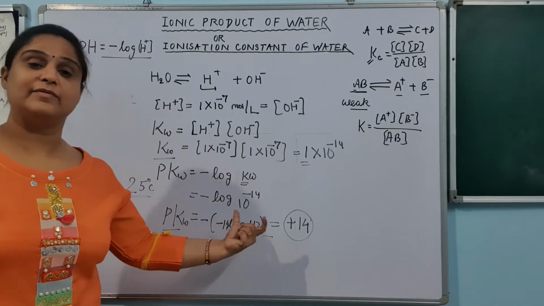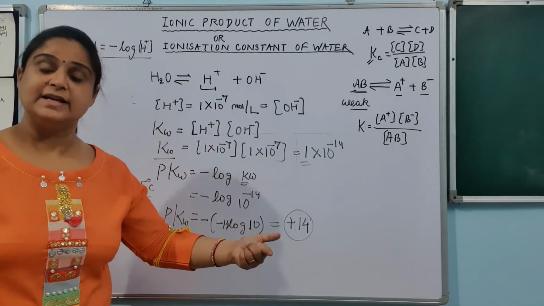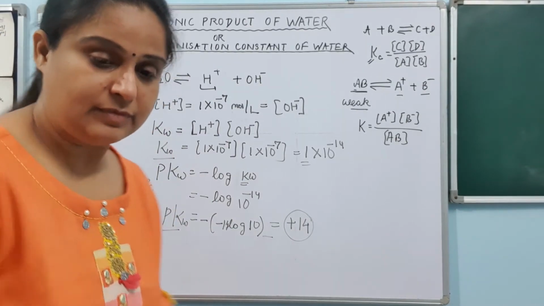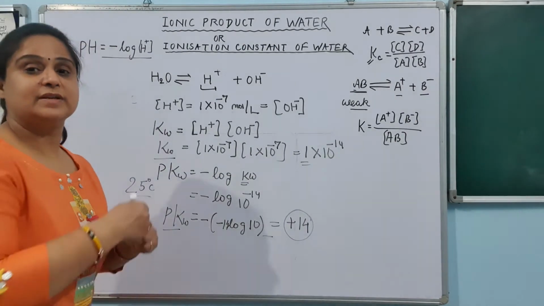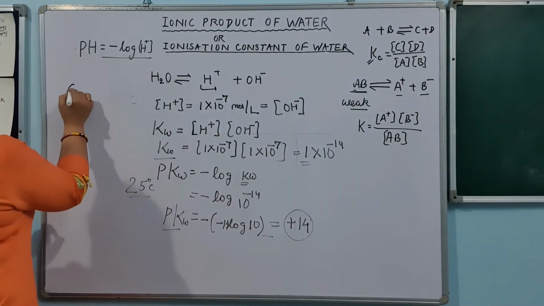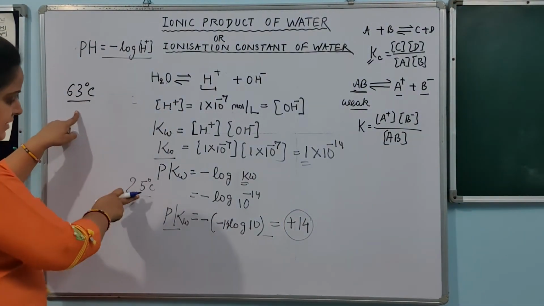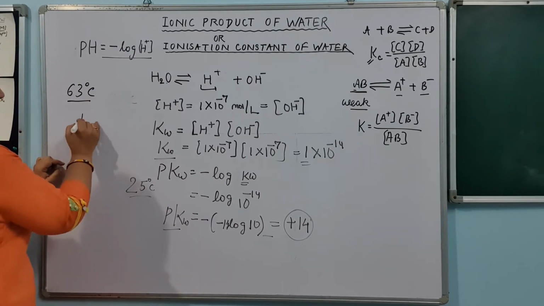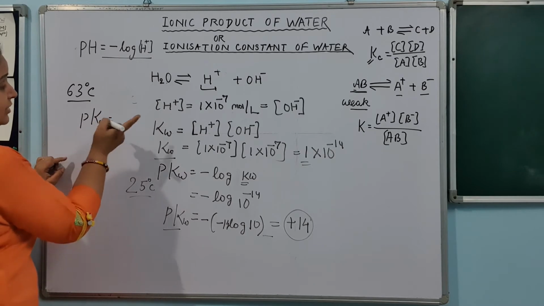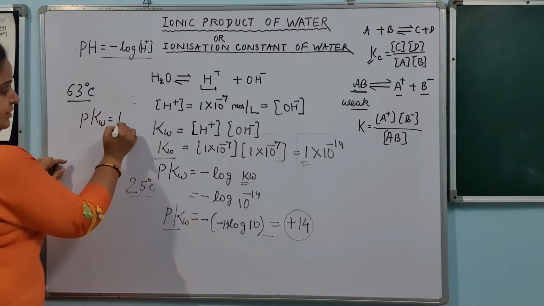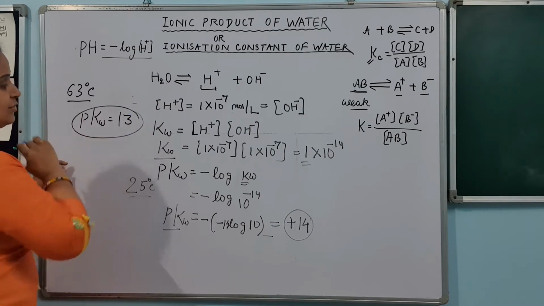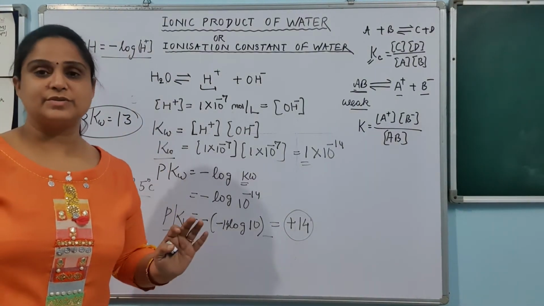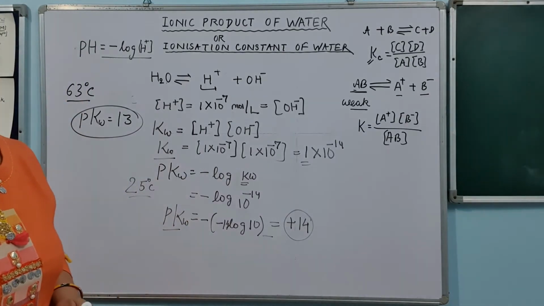So pKw will decrease, and it is observed that at 63 degrees Celsius the pKw value for water is 13. So pK value decreases on increasing the temperature because of more dissociation of water molecule. I hope it is clear.